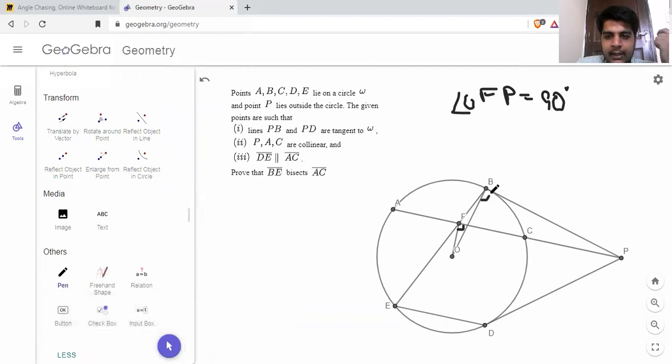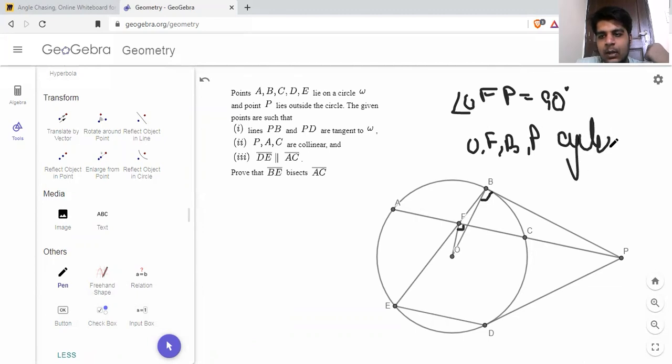So this angle is also 90 degrees. So now if OFP is 90 degrees and OBP is also 90 degrees, which means OFBP should be cyclic. So the question is reduced to proving OFBP cyclic. So let's now try to prove this.